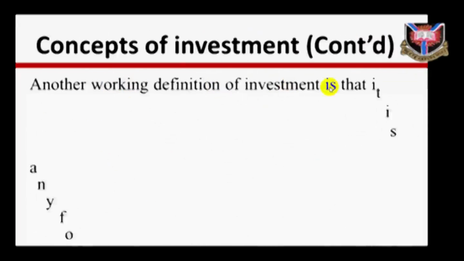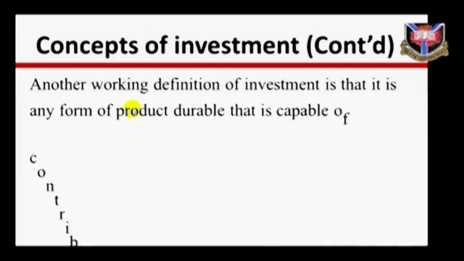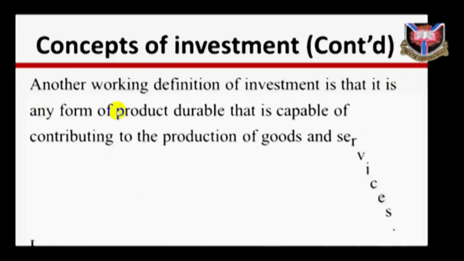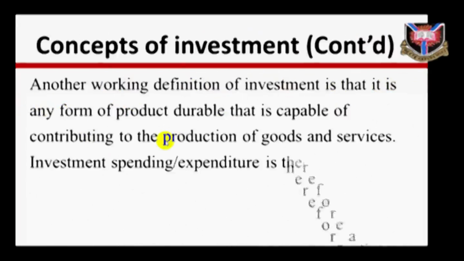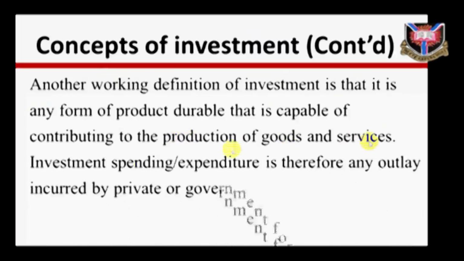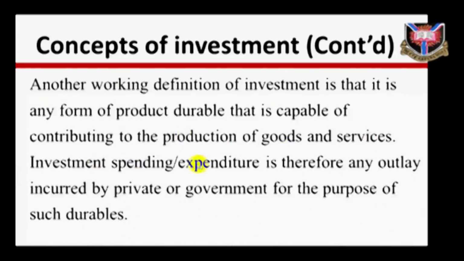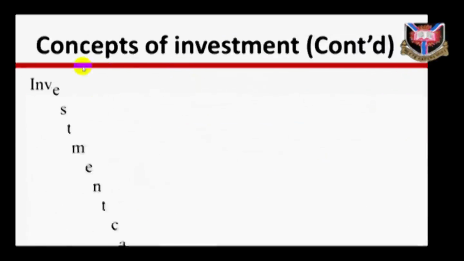Another working definition of investment is that it is any form of product, durable, that is capable of contributing to the production of goods and services. Investment spending is therefore any outlay incurred by private or government for the purpose of such durables.